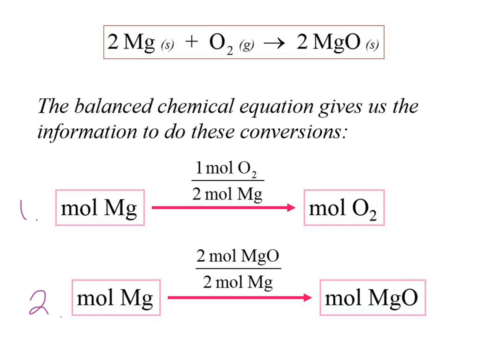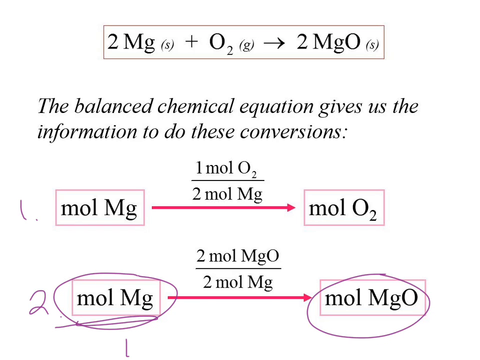In the second problem, we're going from moles of magnesium to moles of magnesium oxide, and we're going to use the different ratio. So again, we're going to start with that 0.245 moles of magnesium over 1. We're going to insert this ratio so that moles of magnesium again cancel. We're left with moles of magnesium oxide. That's how we're going to work the second problem. It should be pretty easy.